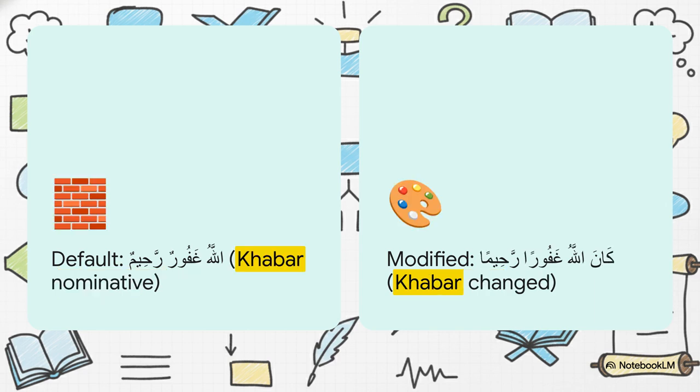Now, watch the contrast when we introduce kana, which shifts the sentence into the past tense. Kana enters the sentence and completely respects the foundation, leaving Allahu in its original nominative marfu'a state, but it aggressively remodels the superstructure. It paints the khabar into the accusative case, shifting ghafurun to ghafurun.